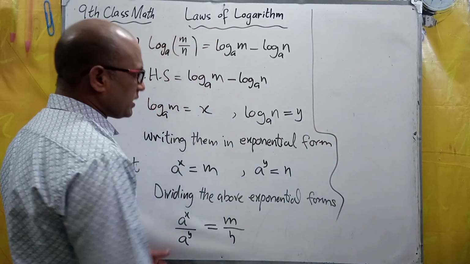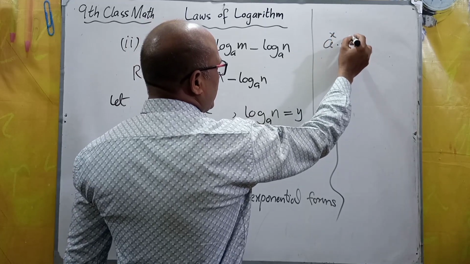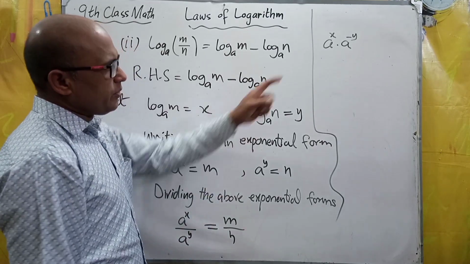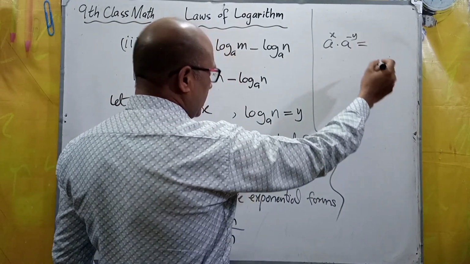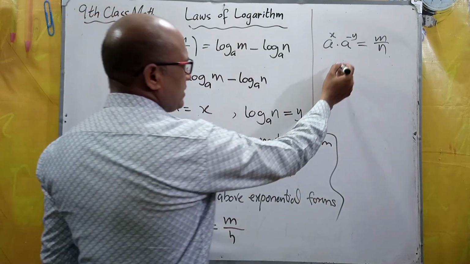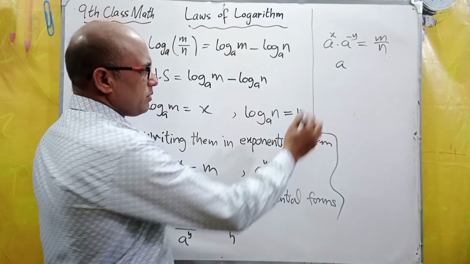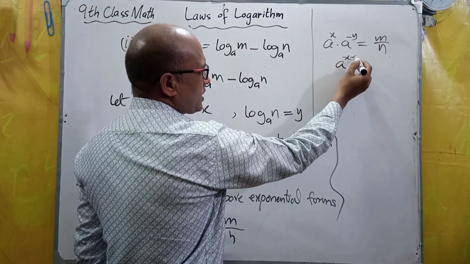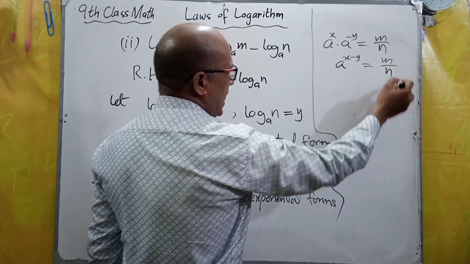To solve it further, a power x, a power minus y, a power y will become minus, and m over n will be written as it is. Bases are same, the powers will be added, but y has minus sign, so it will be written x minus y equal to m over n.